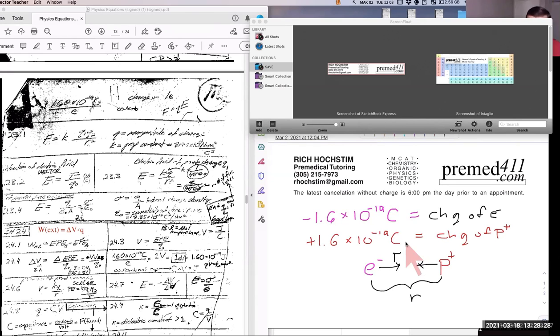And according to Newton, those forces must be equal and opposite. Obviously, if this was two protons, then the forces would be in the opposite direction. But this force was defined by a guy named Coulomb, and it's called Coulomb's law.